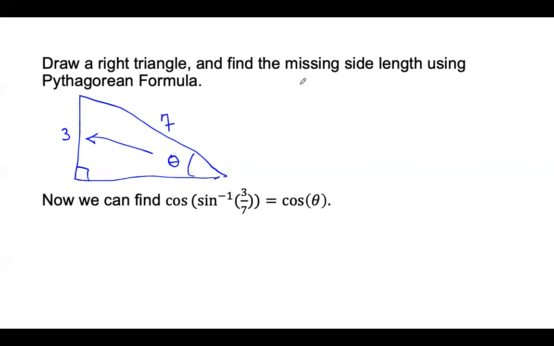Let me write that down. Sine of theta is equal to 3/7. So this is opposite divided by our hypotenuse.